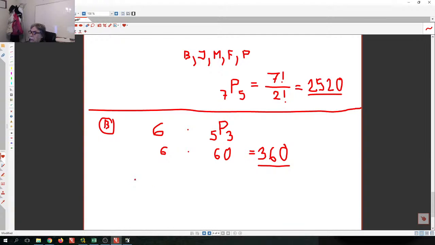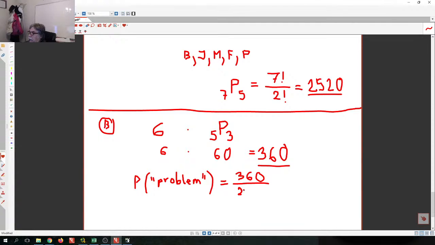So the probability of a problem, right? The probability of having Bill and John in the same row by randomly selecting seats. Probability of a fight during the transportation. I didn't say that's the problem, but let's just say this is not possible to do. We can't do that, because we're going to have a problem. So the probability of a problem is going to be 360 divided by 2,520.